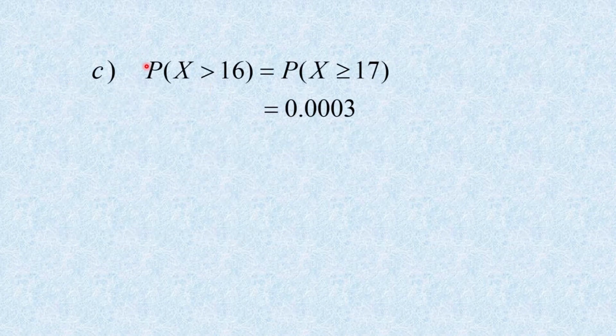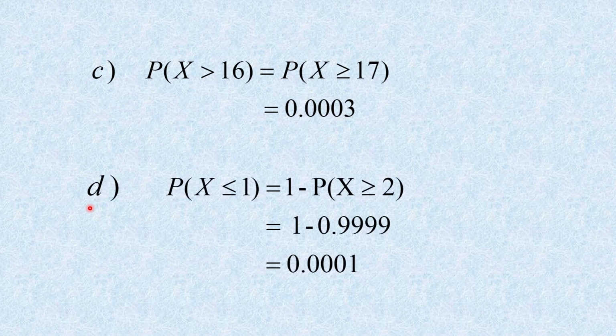What about C? Probability more than 16. So write in terms of symbol: P(x more than 16). Please take note that 16 is not included here. So to read the table, you need to change to probability x more than or equal to. The next integer after 16 is 17. Then the table will give 0.0003. What about D?